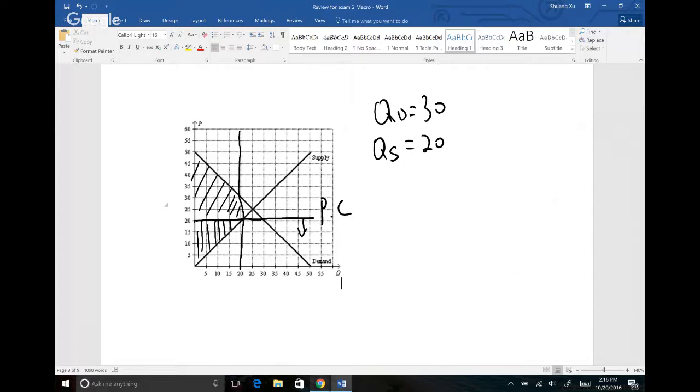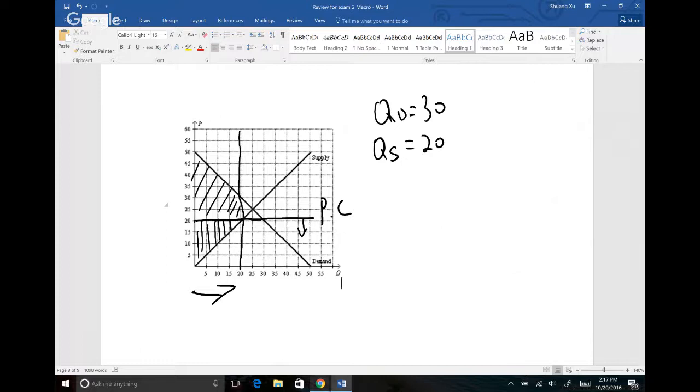If you want to buy the good and it's sold out, there's nowhere for you to buy it anymore, so you don't have any consumer surplus if you cannot buy the good. So for this price ceiling, consumer surplus only happens for those consumers who are actually able to buy the good, which is only up to the quantity of 20. We're not going anything further than 20.